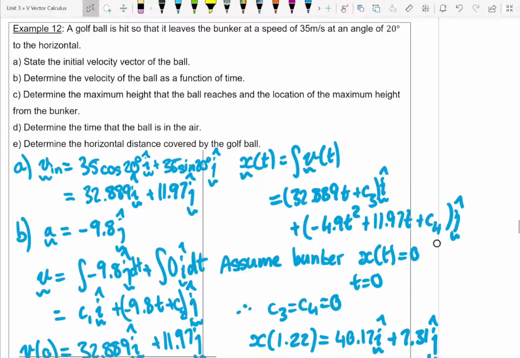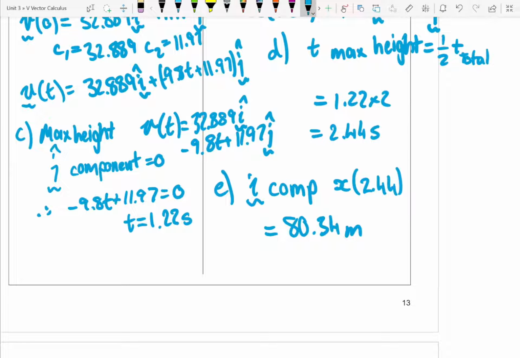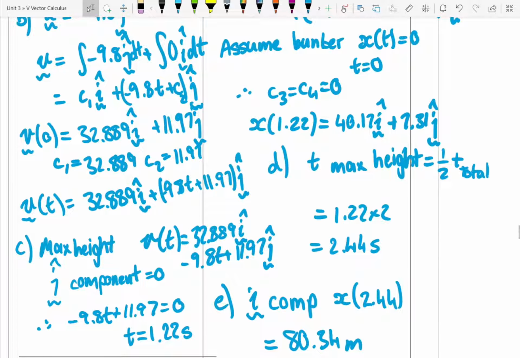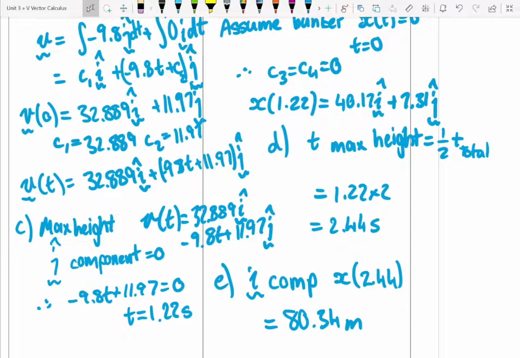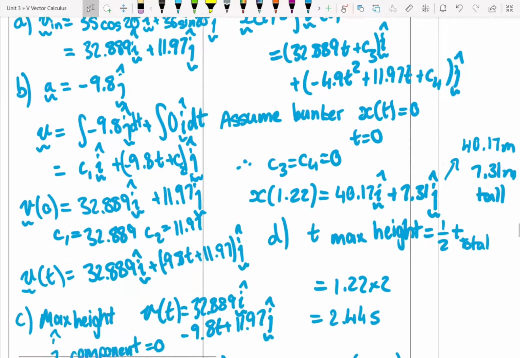We're working with meters per second. So that's going to be 80.34 meters. I don't think there's anywhere else where we really need to put units in, because we've got seconds there. These are just vectors. I guess for this, you could talk about it being a position of 40.17 meters and 7.31 meters tall. All right, but that is everything for example 12.